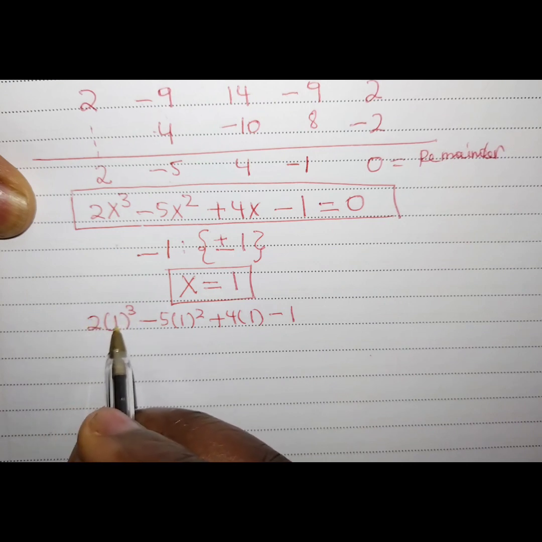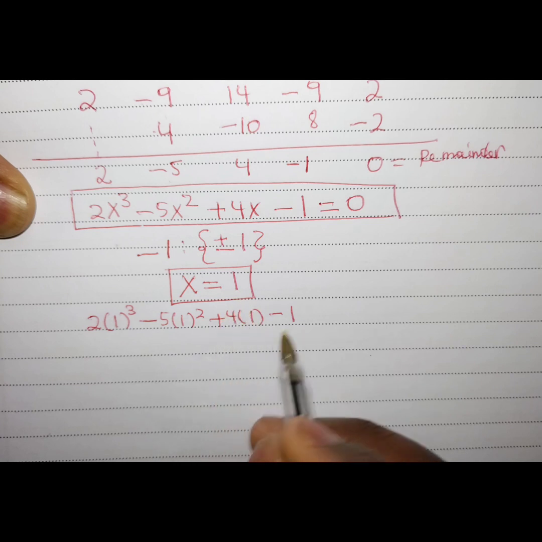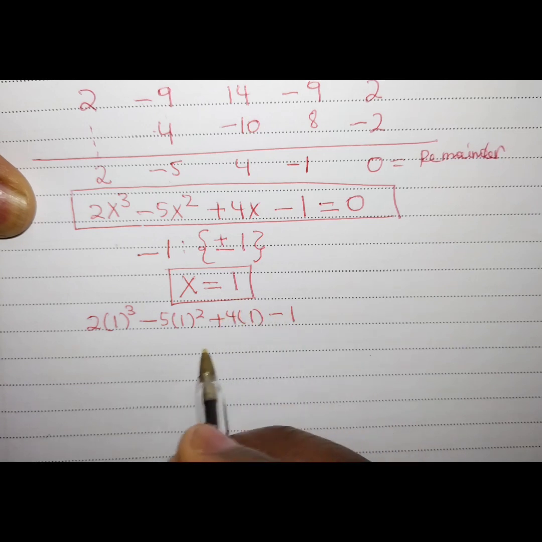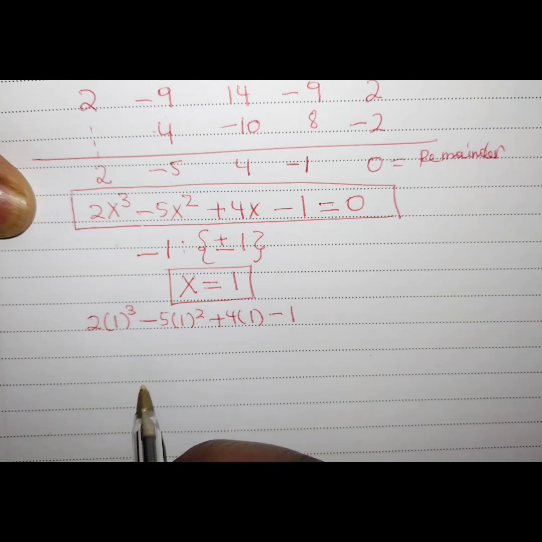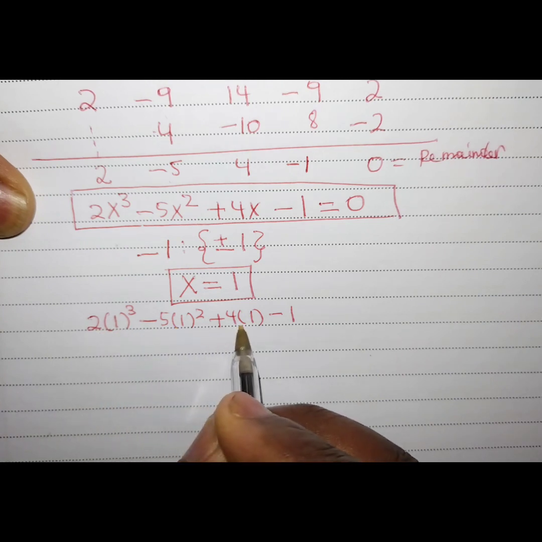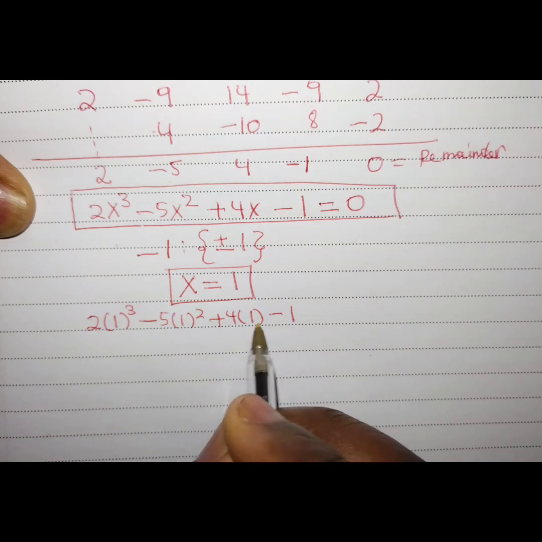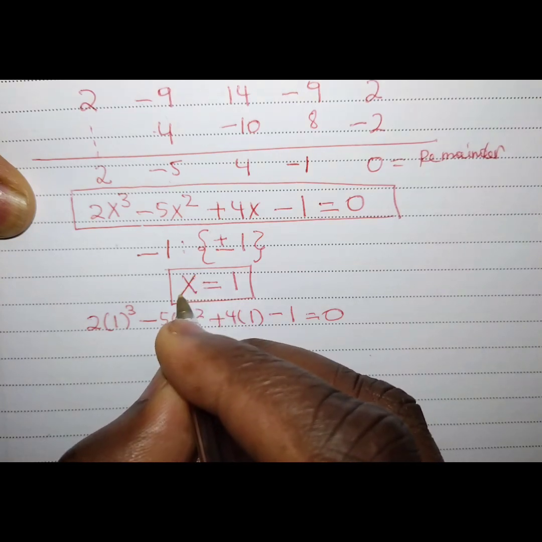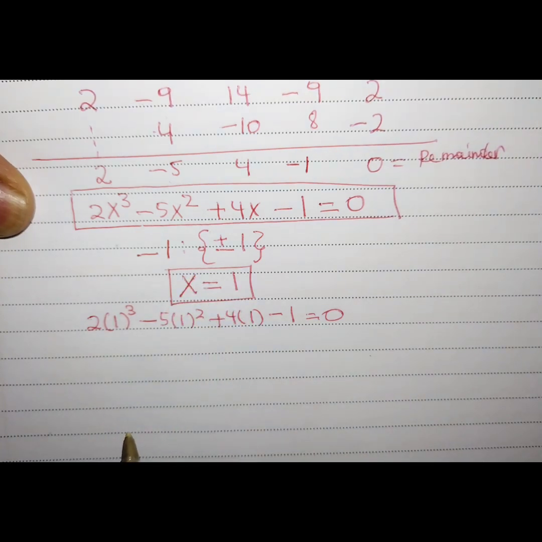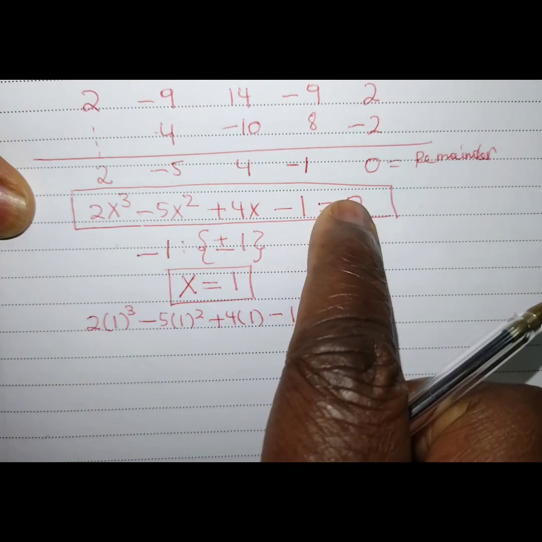This gives us 2, and this gives us minus 5. This is 4, and this is minus 1. So we see clearly that 2 minus 5 is minus 3, plus 4 is positive 1. 1 minus 1 equals 0. So ladies and gentlemen, x equals 1 is indeed a root of the cubic equation right here.